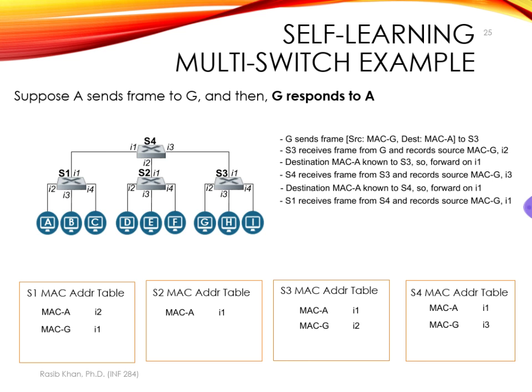So it records this entry as MAC G on interface I1, and next it checks the destination MAC address. S1 finds that the MAC address of A is known to S1, and it sees that if I would like to reach MAC A, I would need to forward it out to interface I2. So it forwards the frame to interface I2, and that is the actual host which receives the frame from S1.